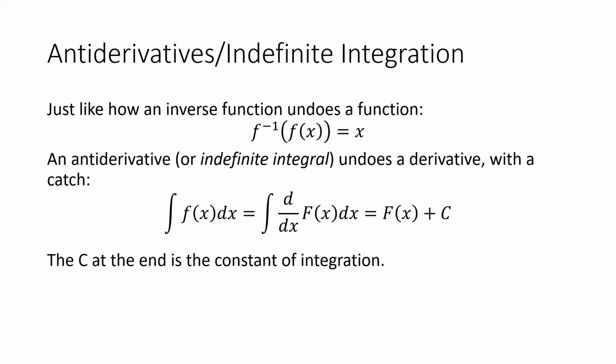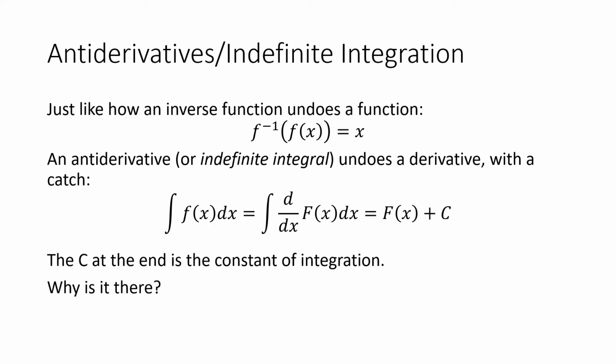So the integral of f of x dx, which is equivalent to the integral of the derivative of capital F of x dx, gives you capital F of x, but with a constant of integration at the very end. Based on our previous videos, you might notice this is called an indefinite integral, and the symbol is the same as the definite integral. These two are very closely related, but that's for a different video.